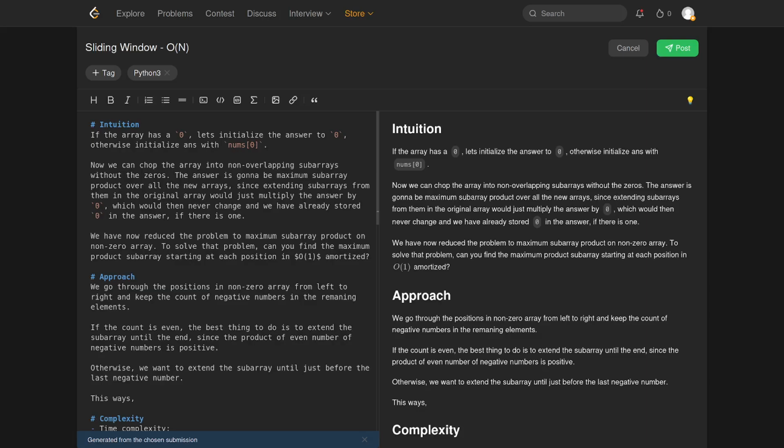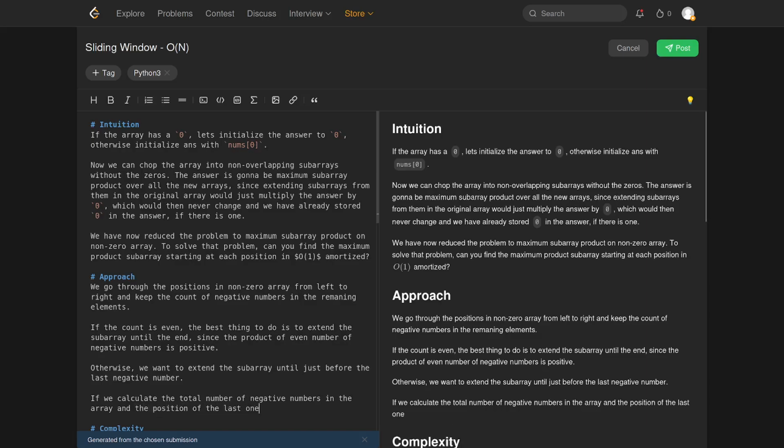This way we calculate the total number of negative numbers in the array and the position of the last one.